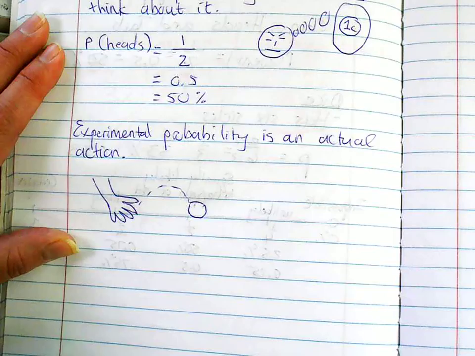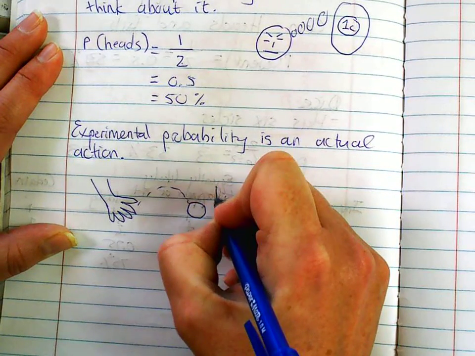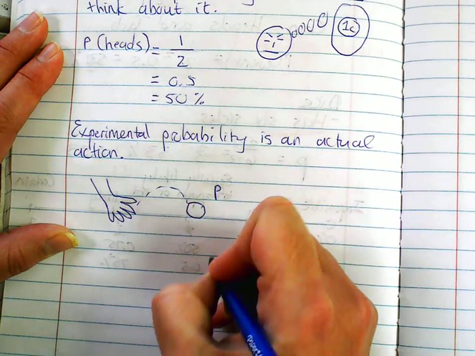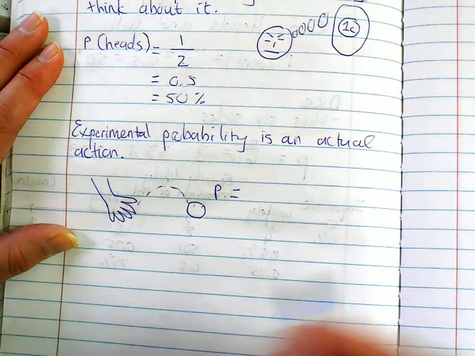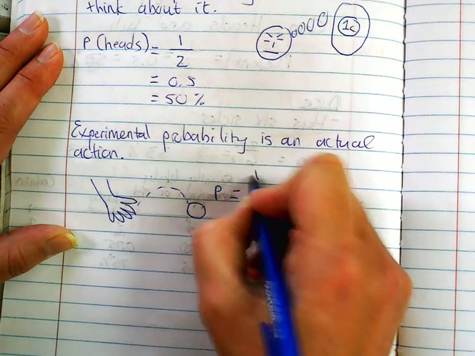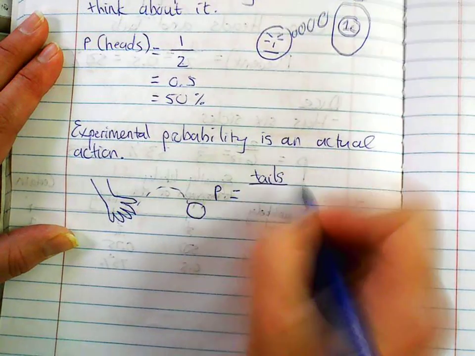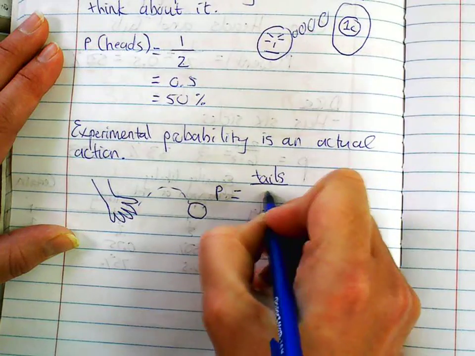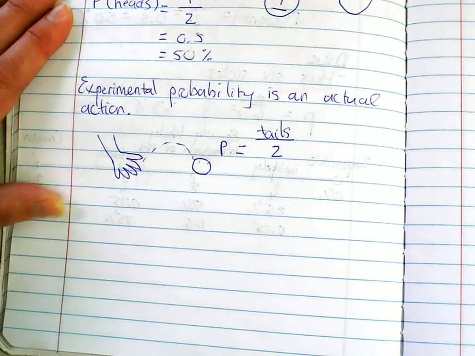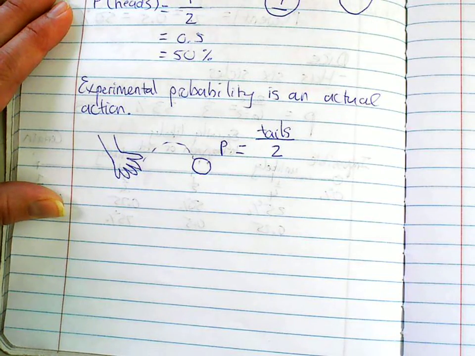So the experimental probability of throwing my coin, in this instance, was tails. I recorded tails over the possible sides of the coin, which is 2. Now I can throw this coin many times. I can throw it 20 times, and each time it's experimental probability.